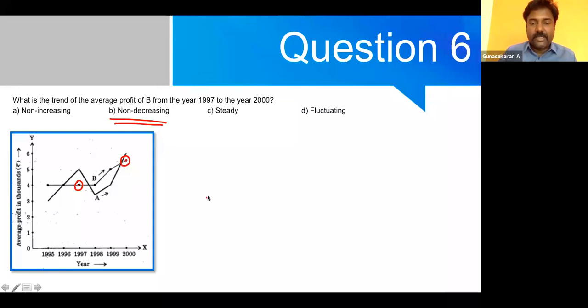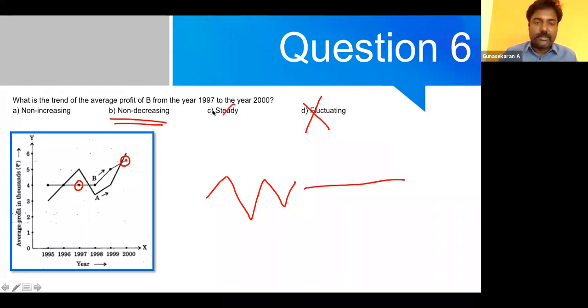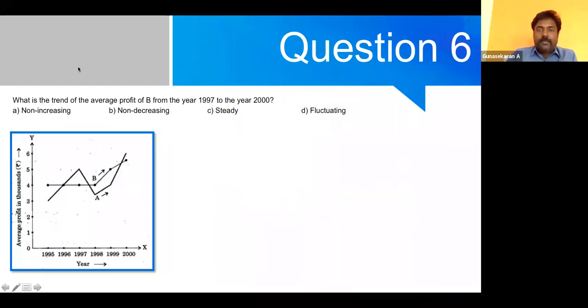Fluctuating means it has to increase and then decrease. Steady means it has to be steady; only 97 to 98 is steady. It is not increasing throughout, so non-increasing is not possible. So non-decreasing. Yeah, A is fluctuating, but they are asking about B. Non-decreasing. Sharmista, what's your doubt?